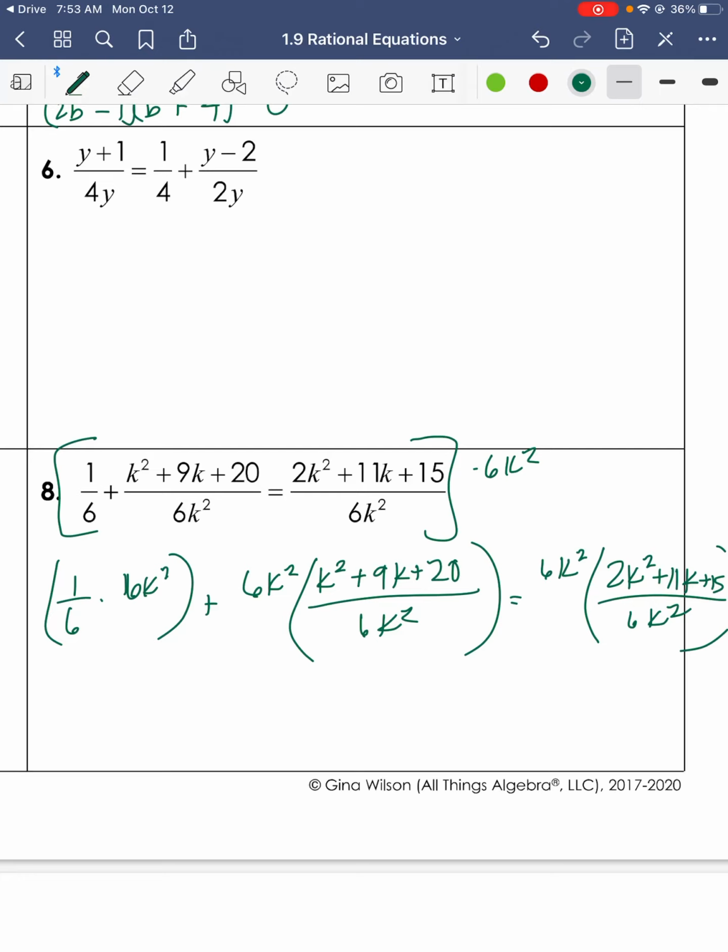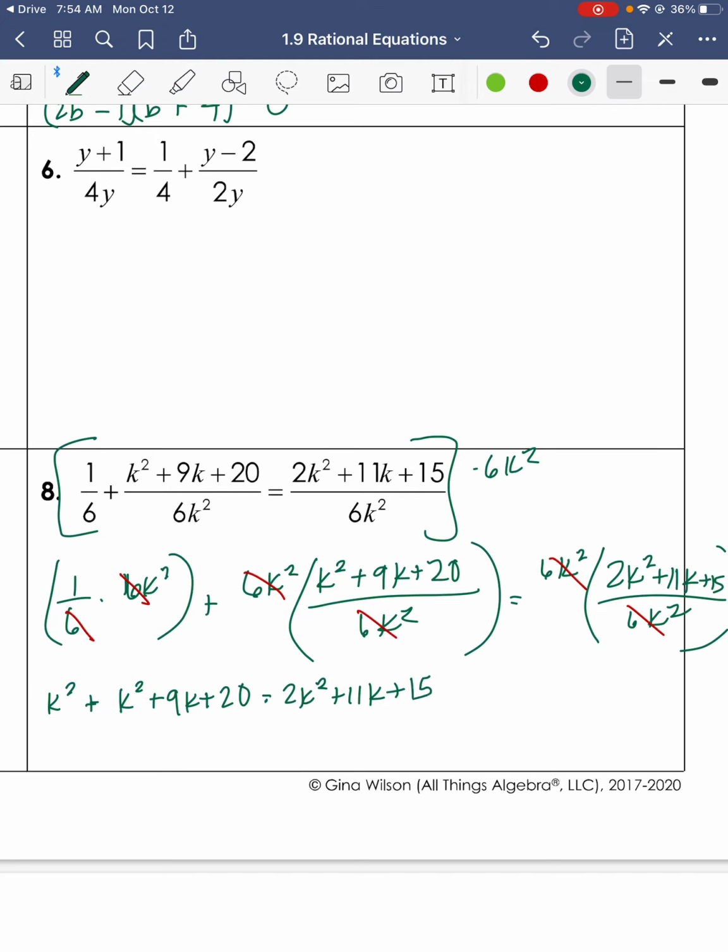What I did here was I just distributed the 6k squared to each term, and now you can see more clearly how this is going to go. In the first term, we're just going to be left with k squared. In the second term, we're going to be left with k squared plus 9k plus 20, and I can take that out of parentheses because everything's positive here. And on the right side of the equation, we have 2k squared plus 11k plus 15.